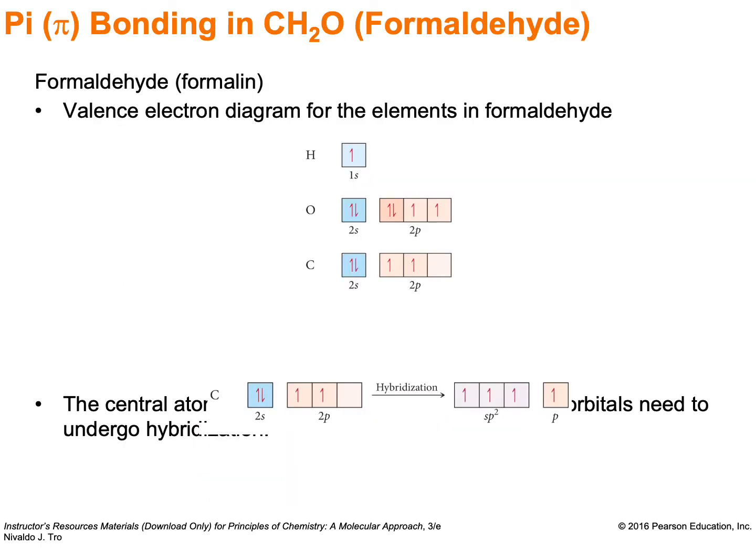Let's look how pi bonding forms in the molecule formaldehyde with the formula CH2O. We know that CH2O will be trigonal planar. There's 3 areas of electron density around the central atom. The valence electron diagram for those elements is shown at the top.